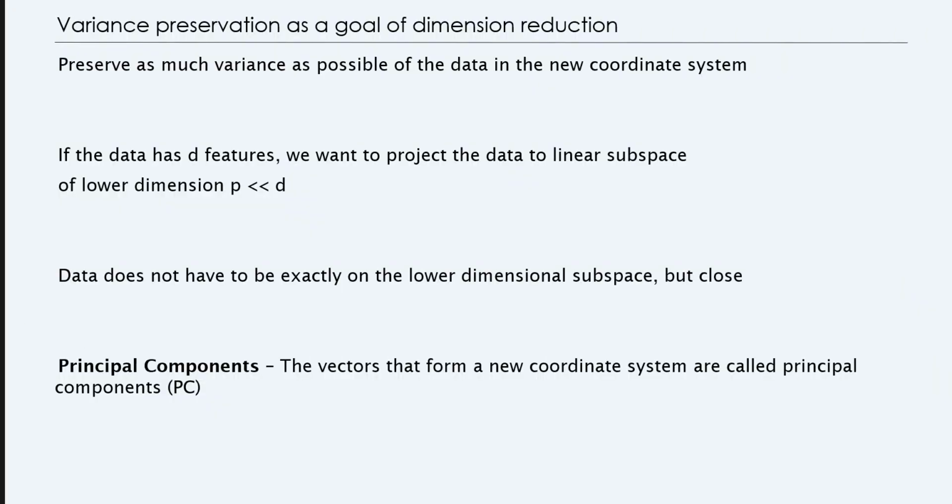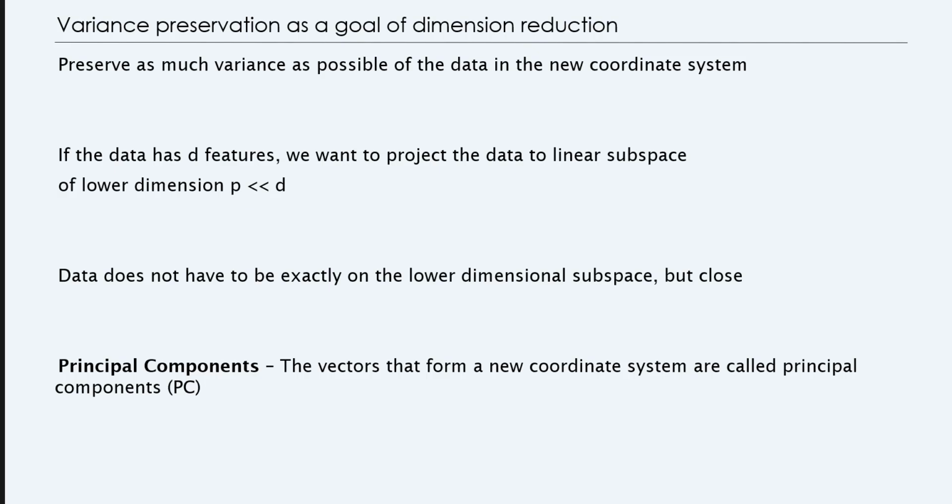So our goal in any data analysis project is to preserve as much variance as possible in the original data set by projecting data into a new coordinate system using dimensionality reduction. We explained that if the data has D features, and the aim is to project into a linear subspace of much lower dimension, say P, and P is what we want to find out.